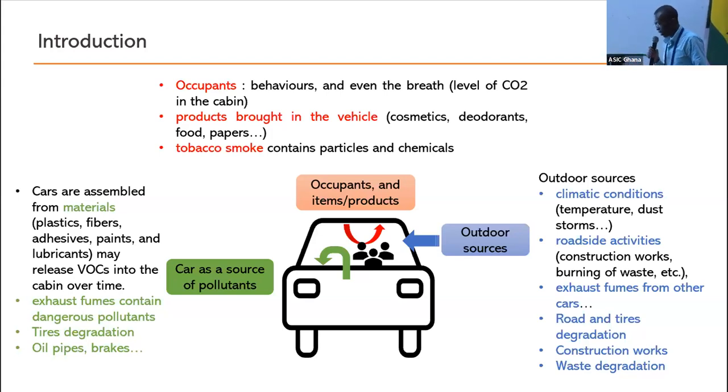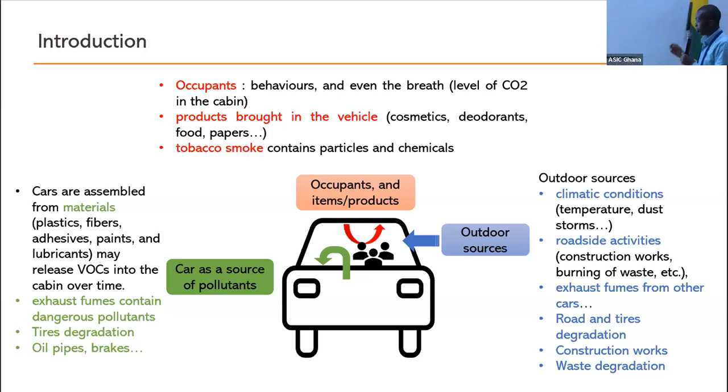When you have your car, the occupants inside the car can bring in some pollutants also. This is something we might know. There are some products that can bring some pollutants into the car. And of course, some people smoke in their cars. The car itself is a source of pollution because you have the tire degradation, the fumes that are produced, and the pipes and the brakes that release some pollutants within the car.